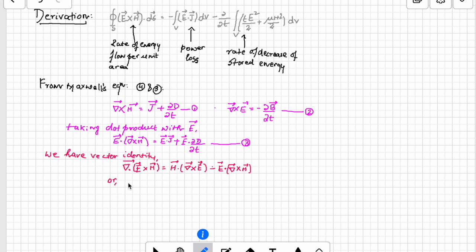So we can write it like this: E bar dot del bar cross H bar. I've taken it on this side, so this will be H bar dot del bar cross E bar minus del bar dot E bar cross H bar.